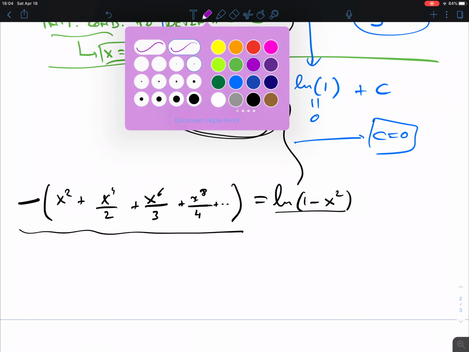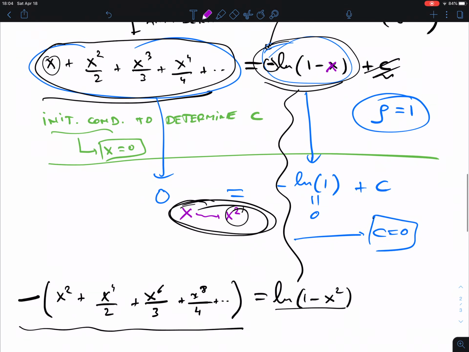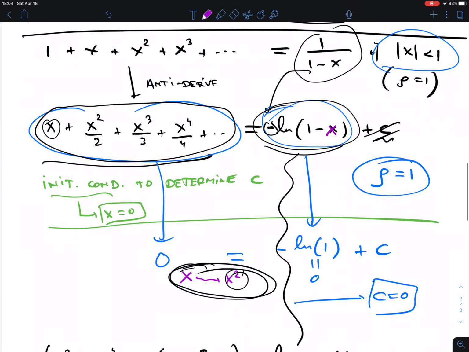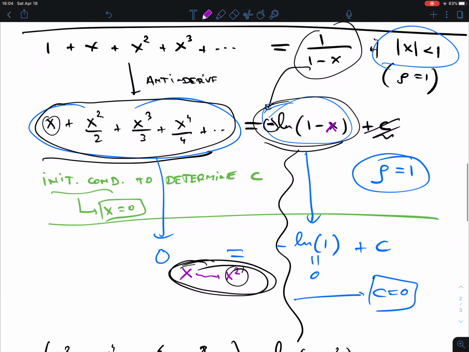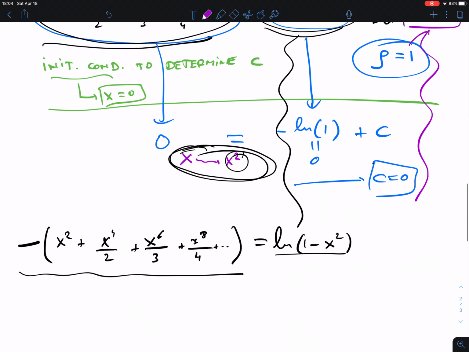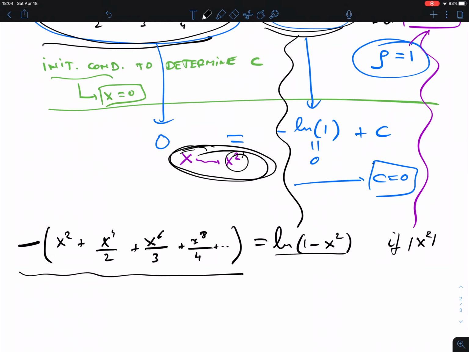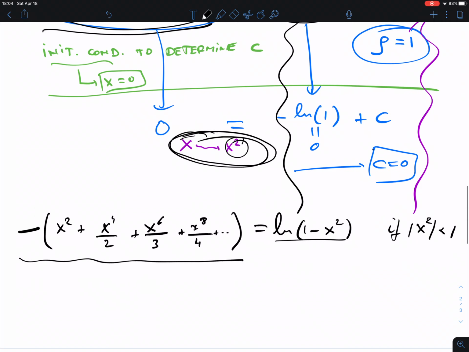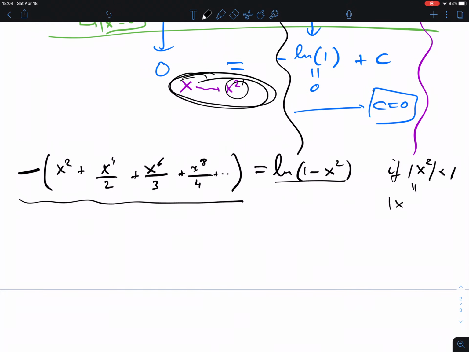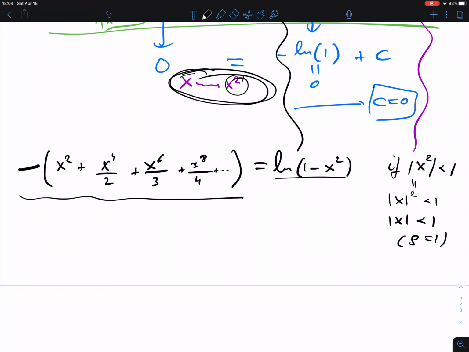Here the condition was the absolute value of x less than 1, this is the rho. This condition now becomes: x squared is less than 1. But we have already seen that we can solve this by taking the square root of both sides, and we get actually this. So here rho is the same.